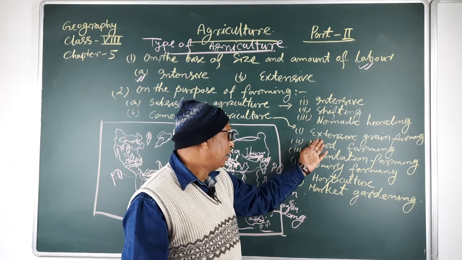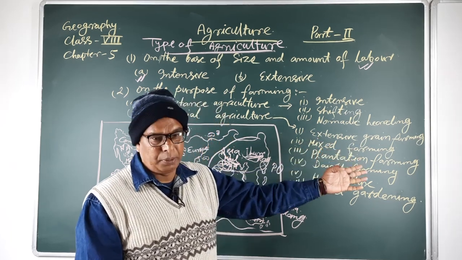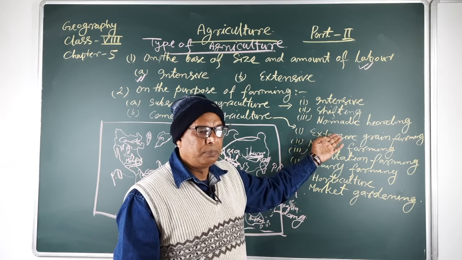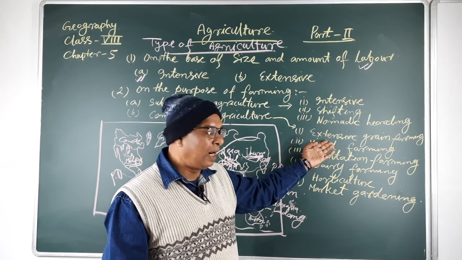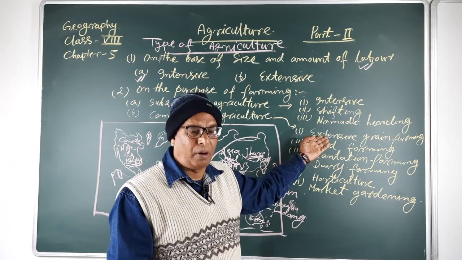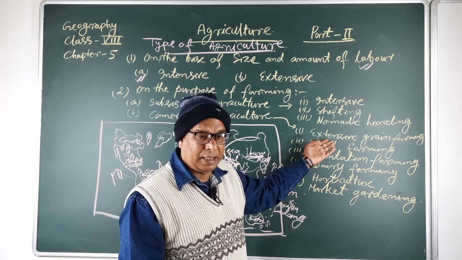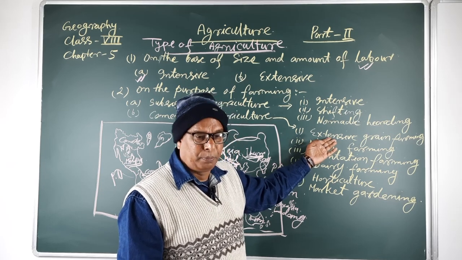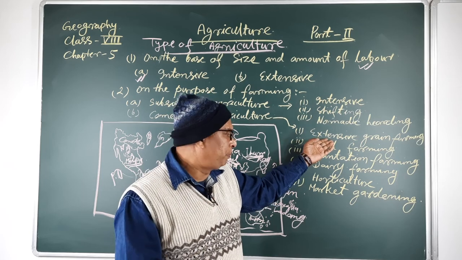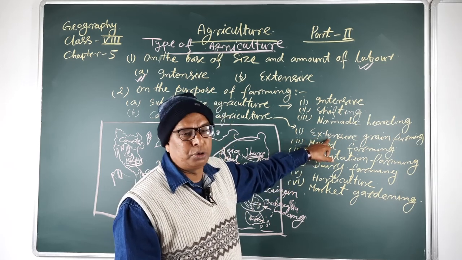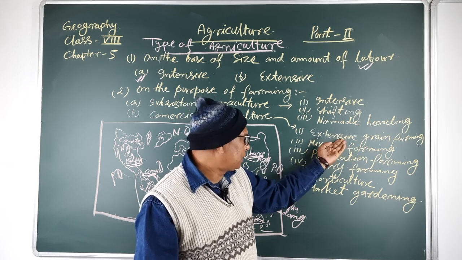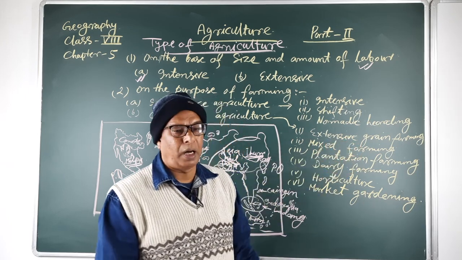First is extensive grain farming. We know extensive grain farming is mainly practiced in those areas where a large area is available for cultivation under agricultural farming, but the population is very small or sparse. So machines are mainly used for this grain farming.